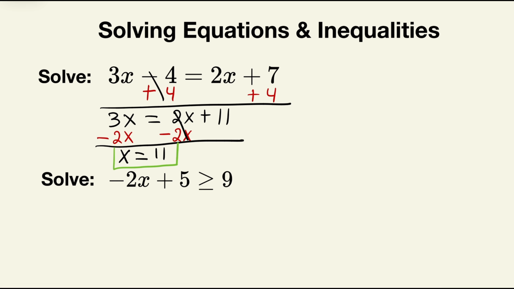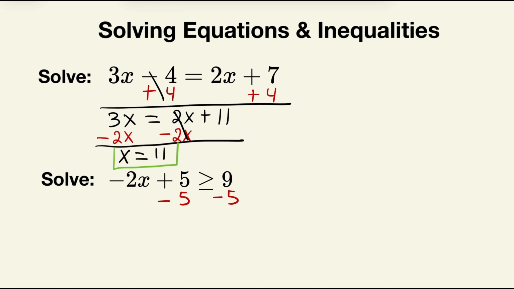Okay, so now let's go ahead and solve the inequality. Again, the ultimate goal is to isolate x. We have a positive 5 on the left side of the inequality symbol, so we can move that to the right side. We can do that by subtracting 5 from the left and from the right.